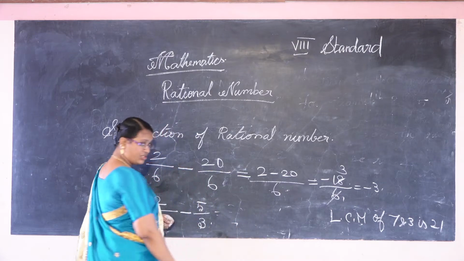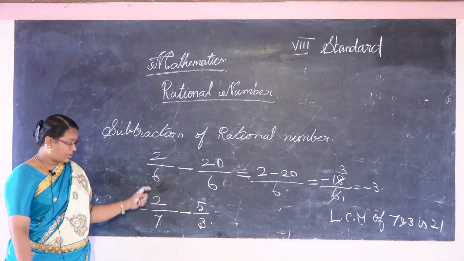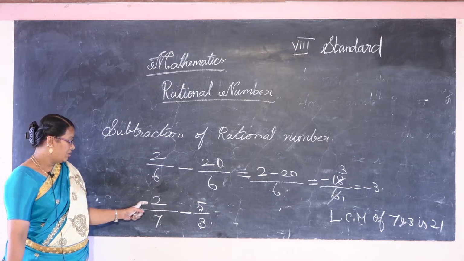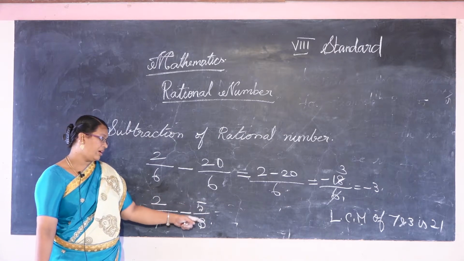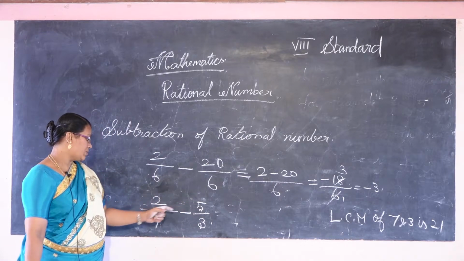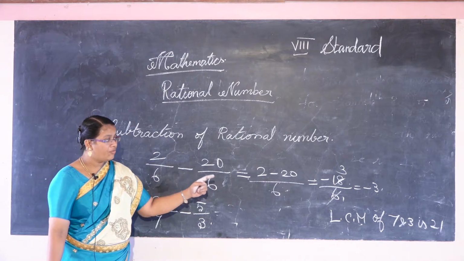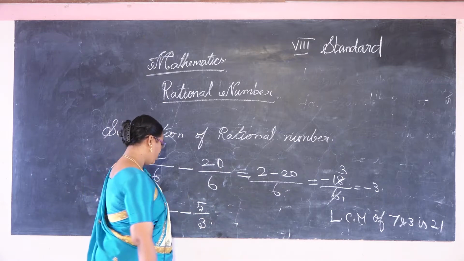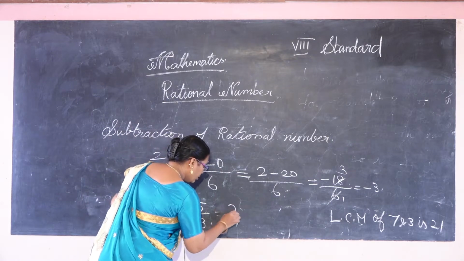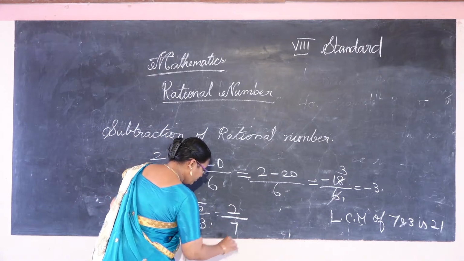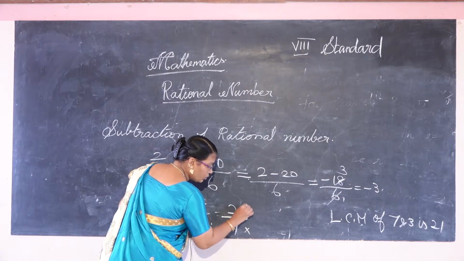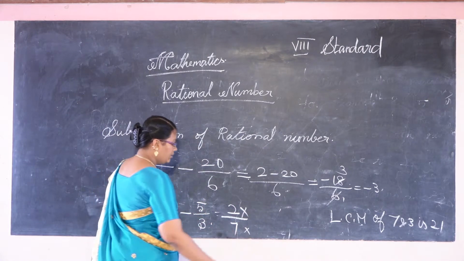So here let me consider the two rational numbers 2 by 7 and 5 by 3. Here these two terms are unlike fractions. So, find the LCM of 7 and 3, which is 21. Now the first number 2 by 7: which number do you multiply in the denominator? 3.